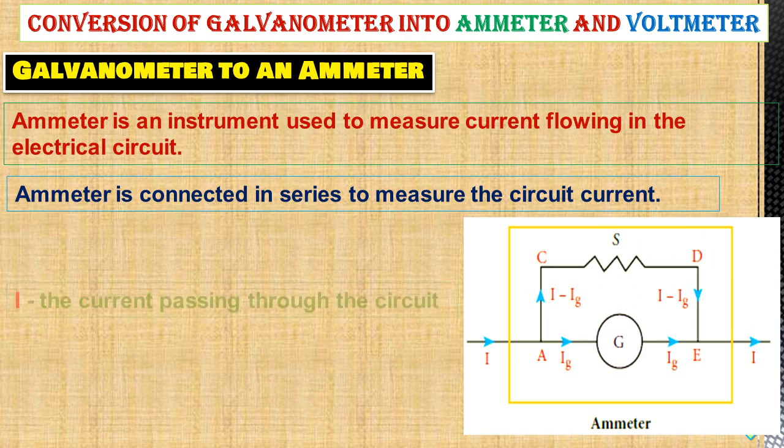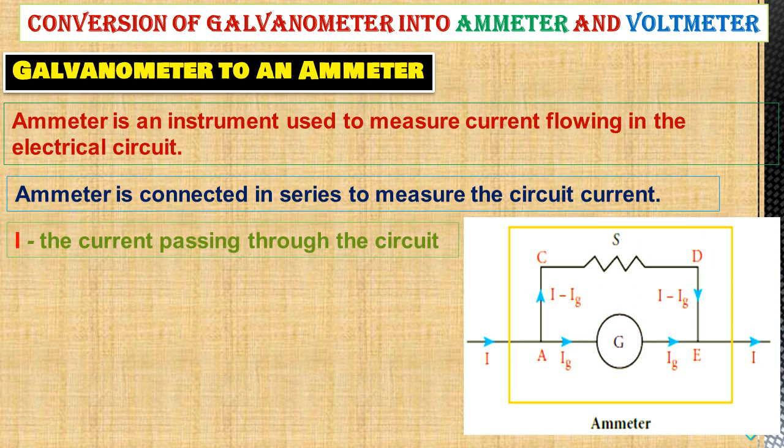Let I be the current passing through the circuit. When the current I reaches the junction A, it divides into two components, one through C and another through the galvanometer.